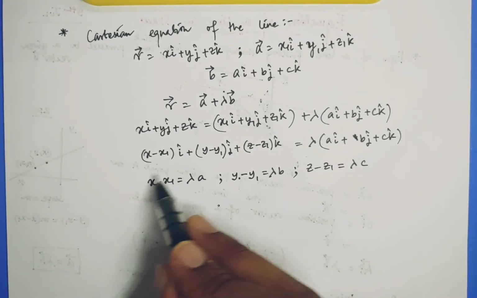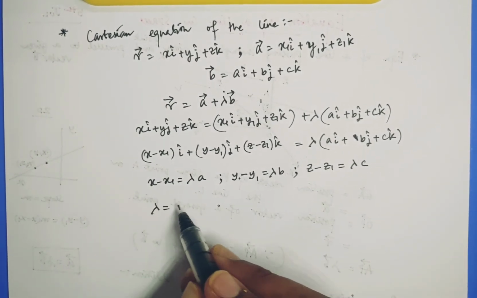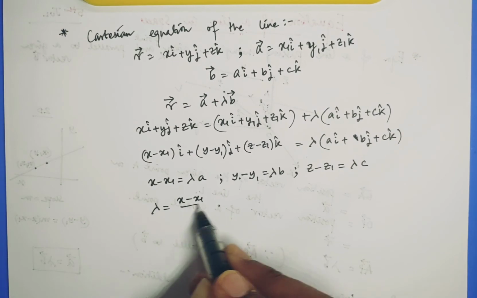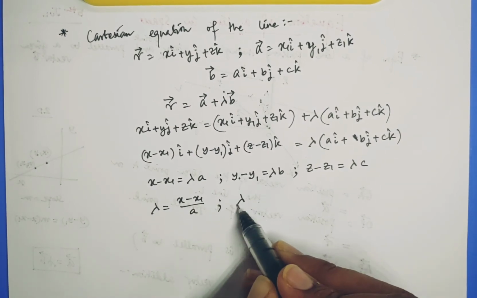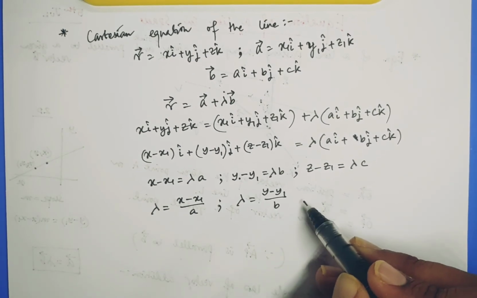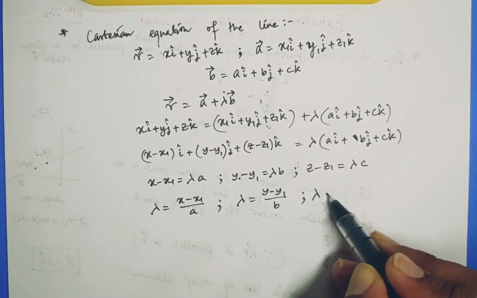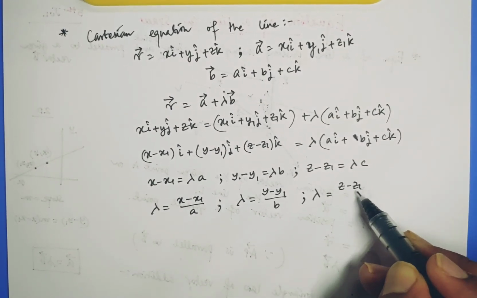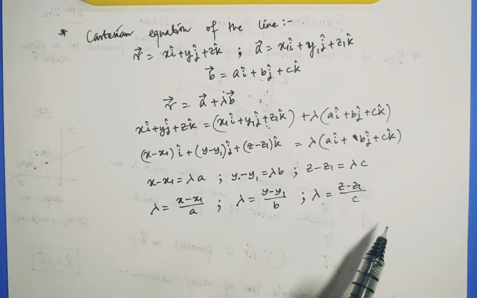Right? Now from here let's find the lambda. So lambda is equal to x minus x1 by A. Lambda is equal to y minus y1 by B. Then lambda is equal to z minus z1 by C. Now all these lambdas are equal, right?